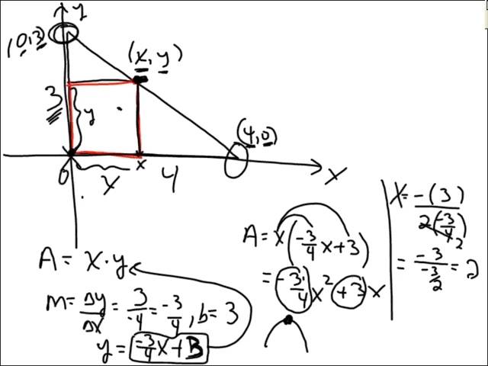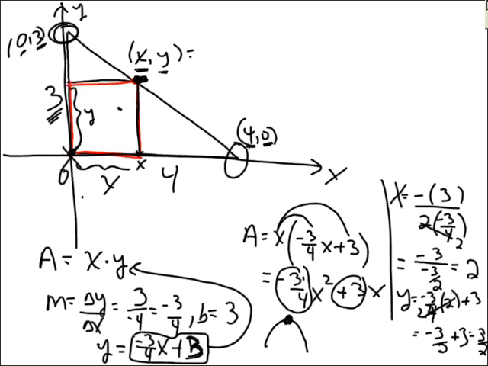If you work it out, that's 2. Okay, so x is 2. And y is going to be -3/4, excuse me, times x plus 3, which is -3/2, since 2 goes into 4 2 times, plus 3, which is 3/2. So x is 2 and y equals 3/2.